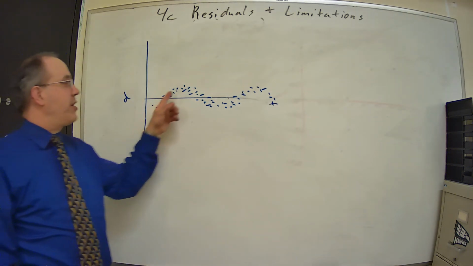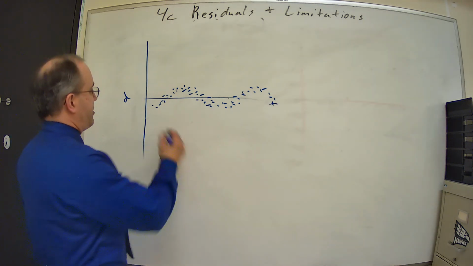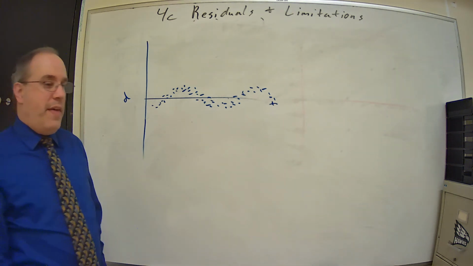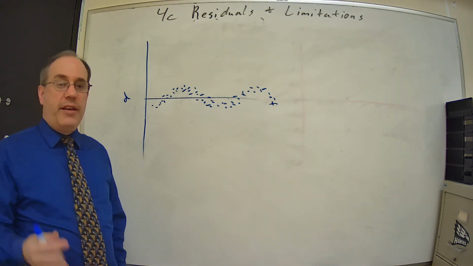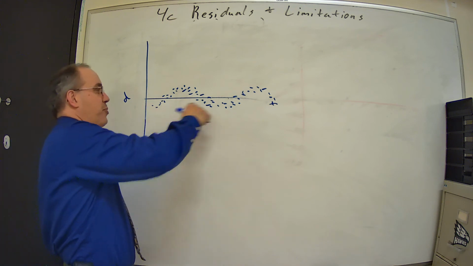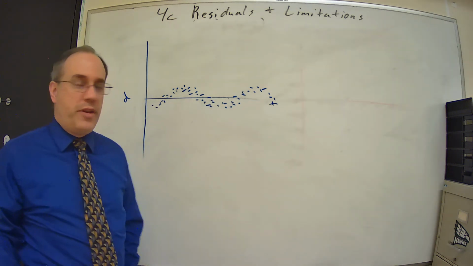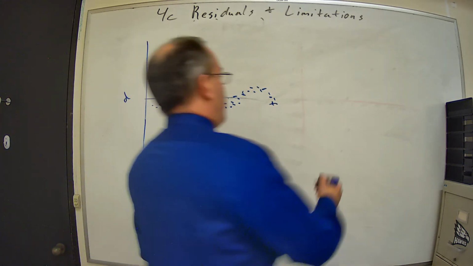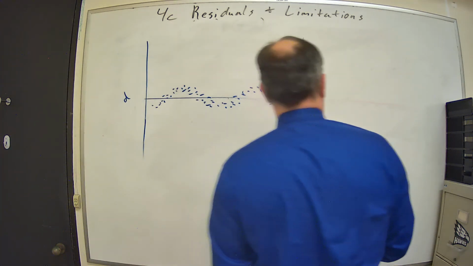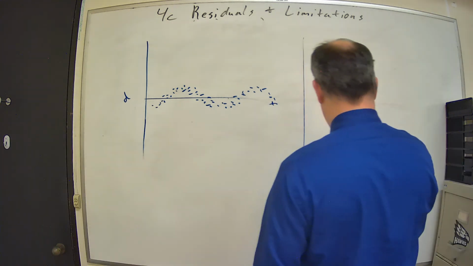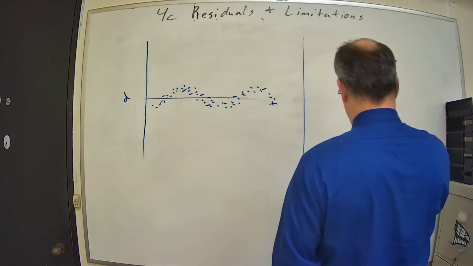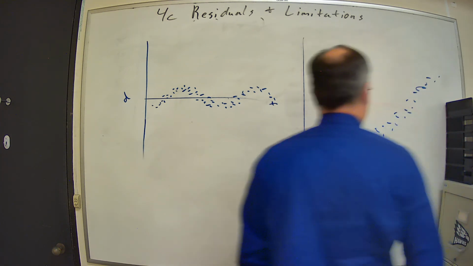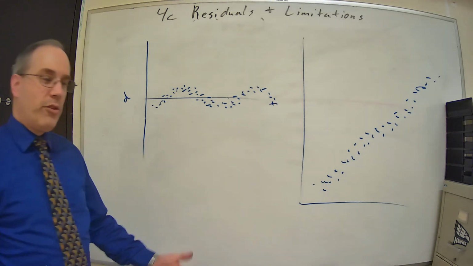If I see something like this happening, notice that there's this oscillation in this curve that's going on. That tells me that the data is nonlinear. I may have a pretty good linear predictor, but my data is not linear. Basically, my data might have looked something like this. So you see something like that and you go, well, that looks pretty linear.